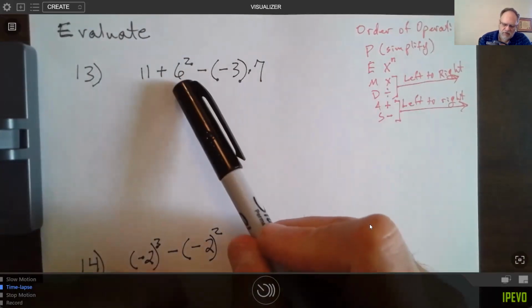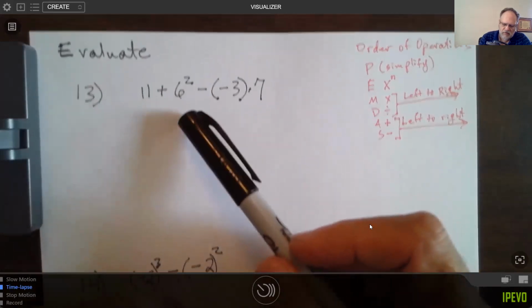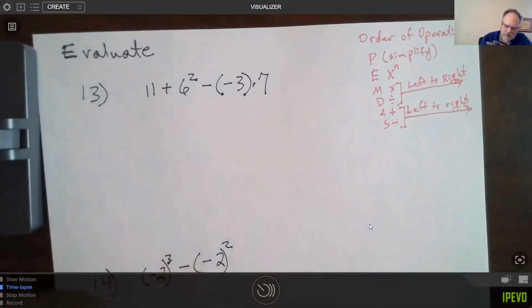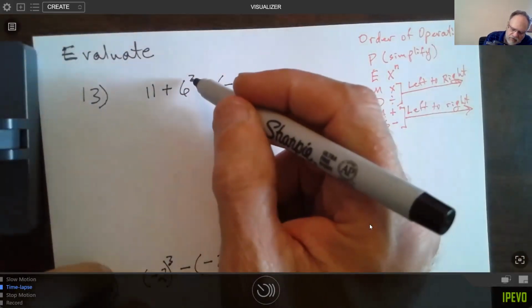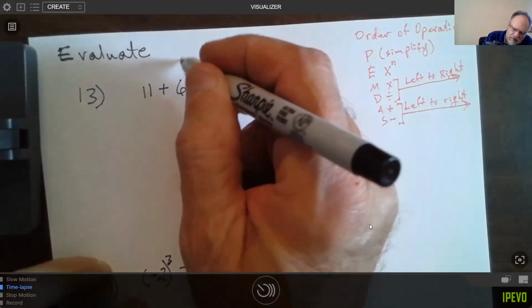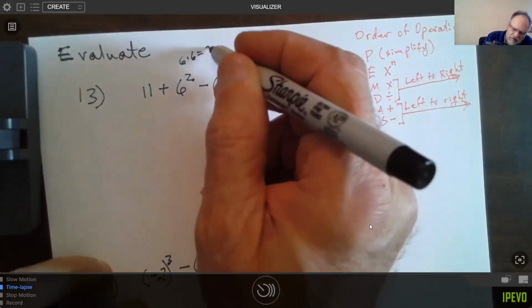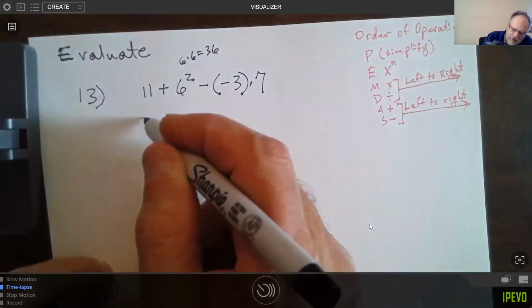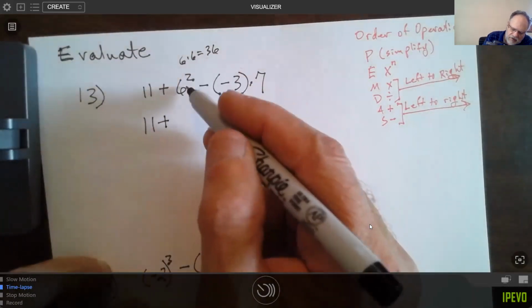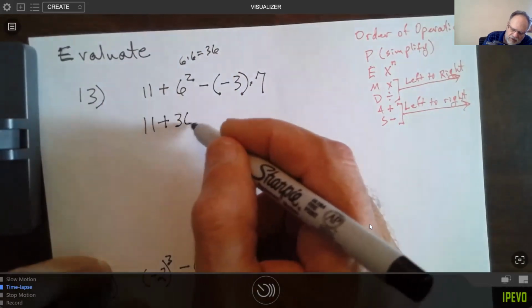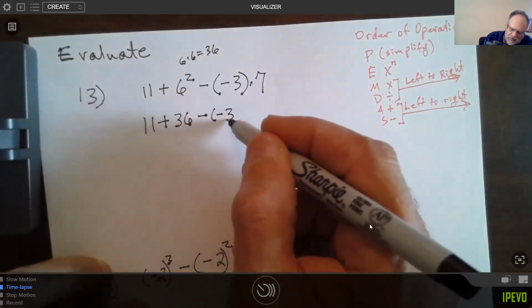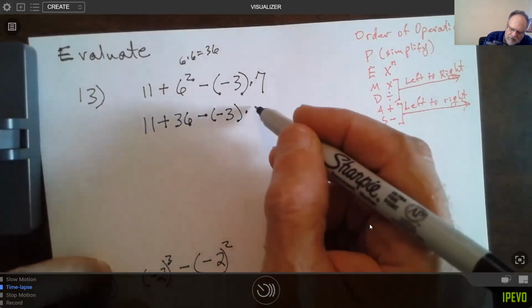Here, 6 squared would be the first thing we do. 6 times 6 is 36. So we bring everything else down and change the 6 squared to 36.